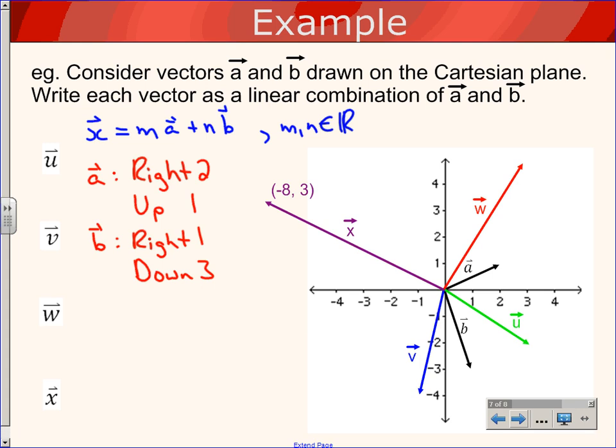Now think about what vector x needs. Vector x needs to go left 8, and it needs to go up 3. Right? That's our requirement. We have to somehow make that happen. So how are we going to do that?